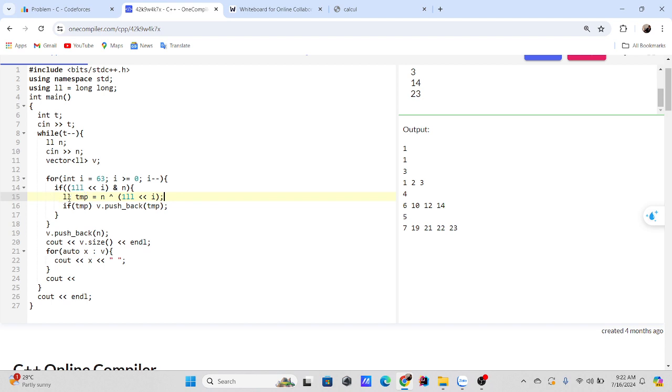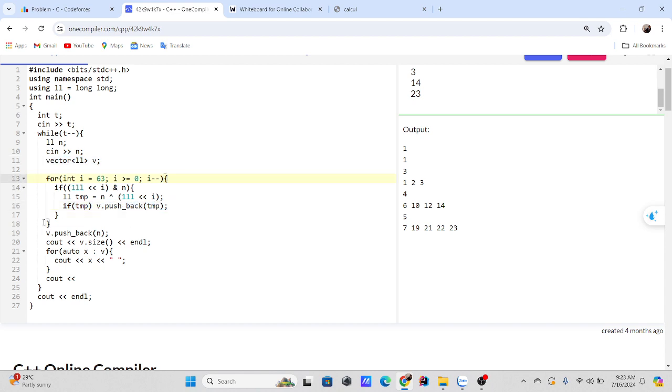We will make a long integer TMP, and we will see if TMP is adequate, or if there is a 1 in the n number. And if there is, we will push back this number into our vector.